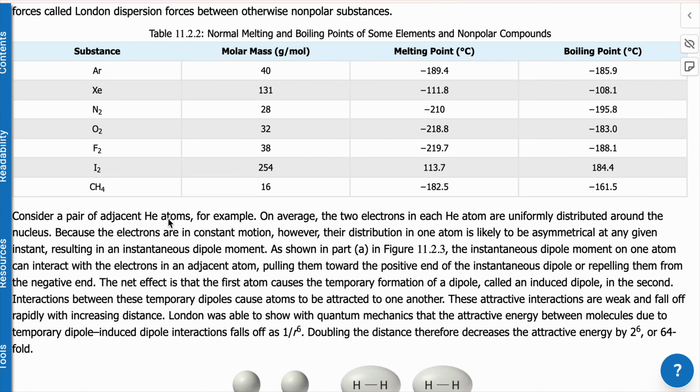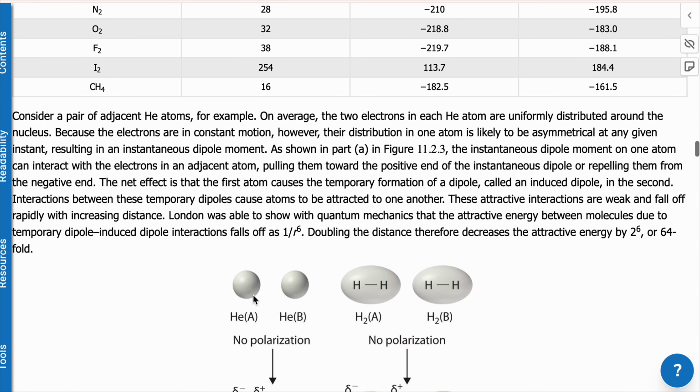Consider a pair of adjacent helium atoms. On average, the two electrons in each helium atom are uniformly distributed around the nucleus. Because the electrons are in constant motion, however, their distribution in one atom is likely to be asymmetrical at any given instant, resulting in an instantaneous dipole moment.